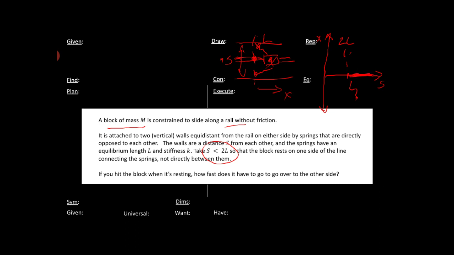So anyways, if the separation is longer than those two L points, then this point in the center is the equilibrium. However, if the separation is closer than 2L, then your stable equilibria will come out like that. So you'll have a stable one in the negative direction, your x minus, and a stable one in the positive x direction, that's your x plus.